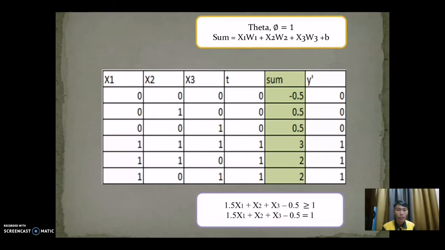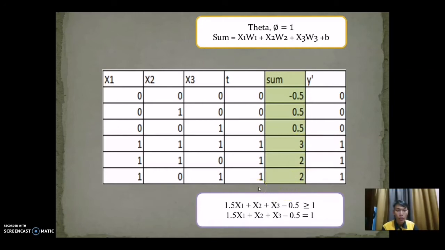For the theta, we assume that theta is equal to 1, and also for the sum, which is x1 times w1 plus x2 times w2 plus x3 times w3 plus b. So this is the answer for sum: -0.5, 0.5, 0.5, 3, 2, 2.